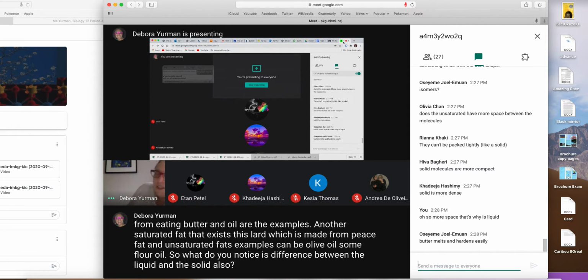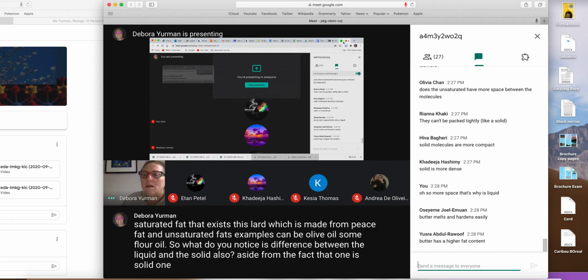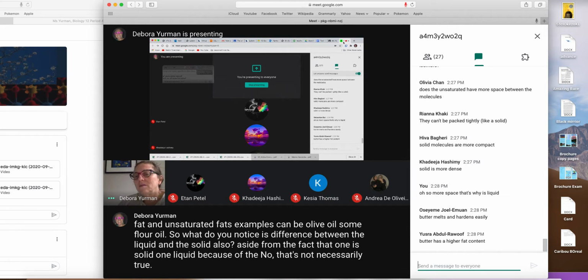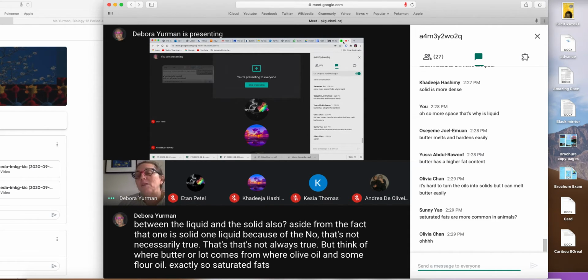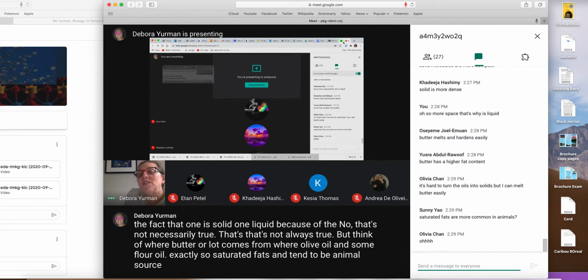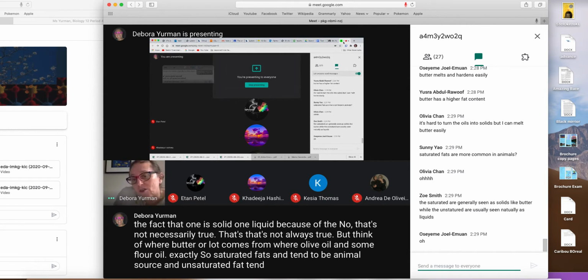Aside from the fact that one is solid, one is liquid because of the... No, that's not necessarily true. That's not always true. But think of where butter or lard comes from and where olive oil and sunflower oil come from. Exactly. So saturated fats tend to be animal source and unsaturated fats tend to be plant source.